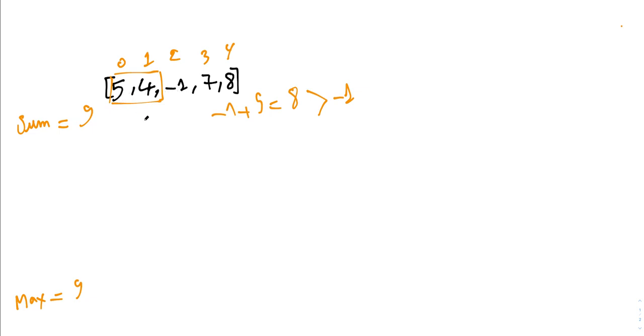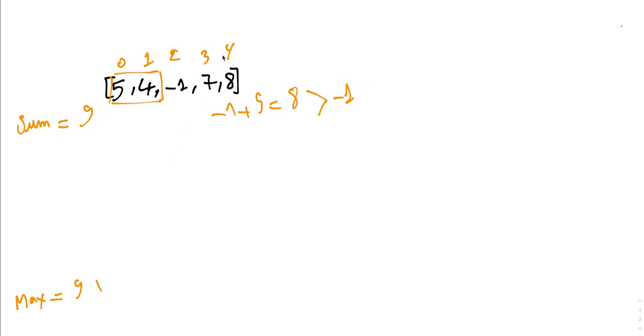If we take only positive values, we're going to take 5 and 4, that is 9, okay? We don't want to take -1, so we're going to take the next contiguous subarray, 7 plus 8, that is 15. So we have 15, and here we have 9, so we're going to take at the end the 15 as the max.